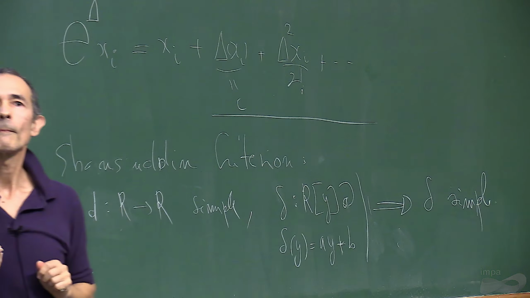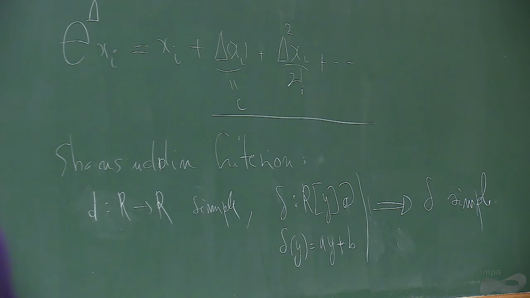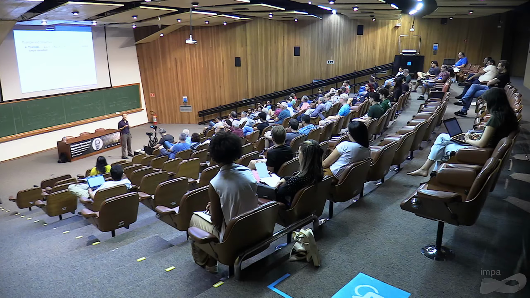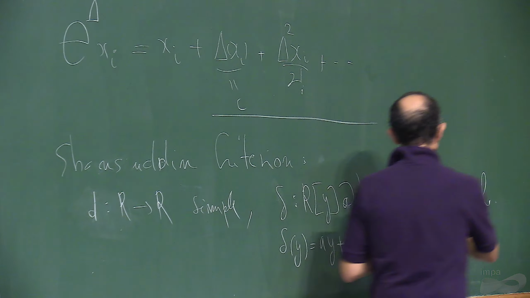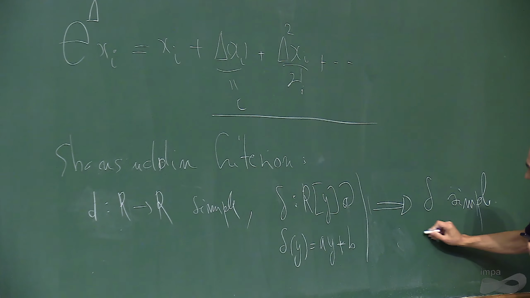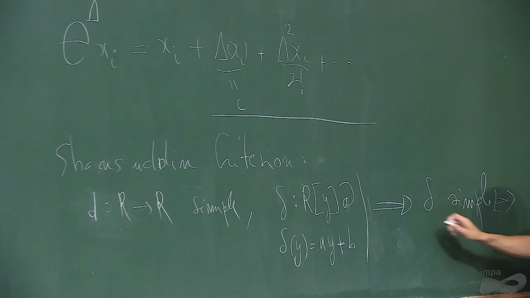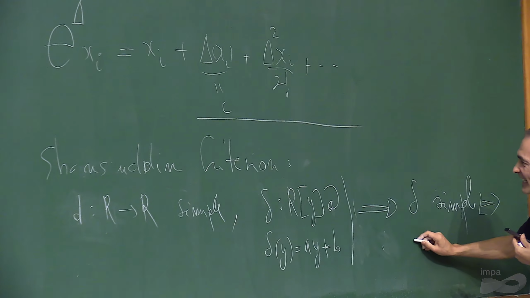You have to add the fact that there is an ordinary differential equation. Yes, but you didn't write it. It's not any extension that will be simple. Excuse me. You are right. It's simple if and only if. Yes, thank you.